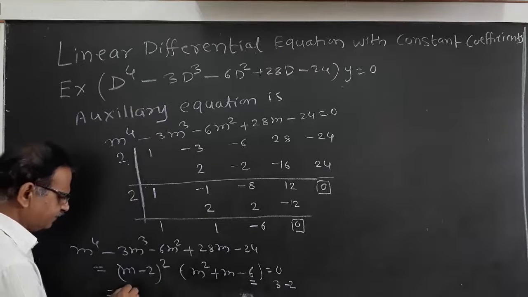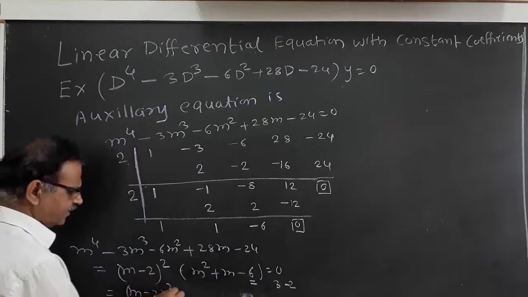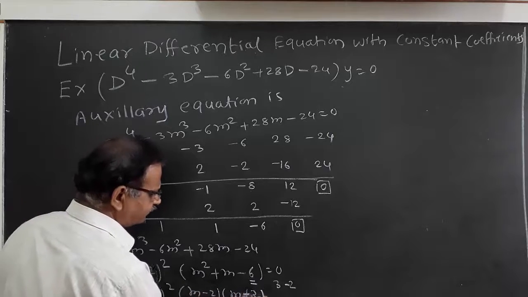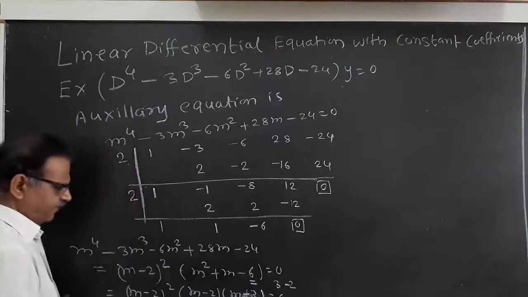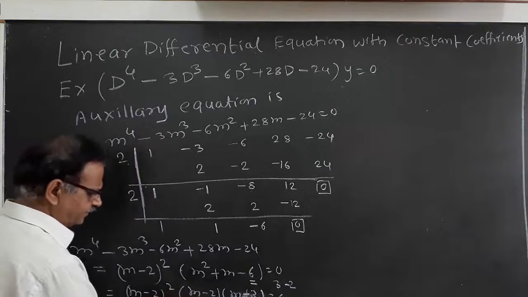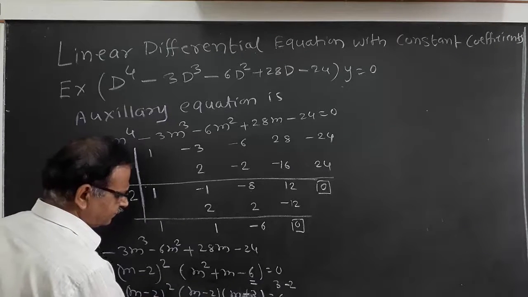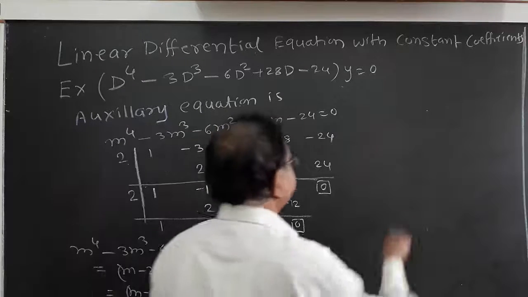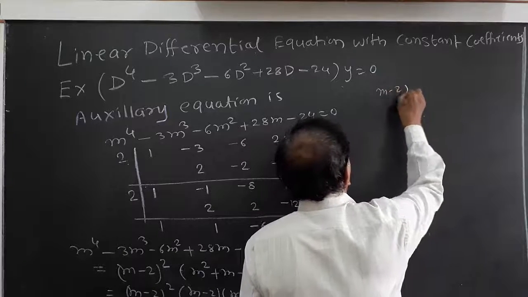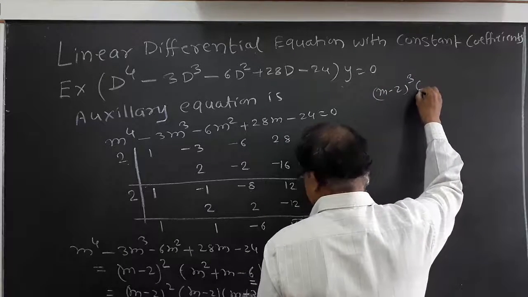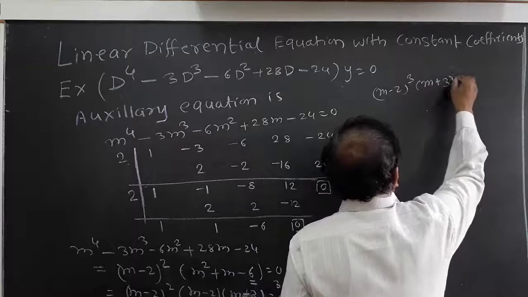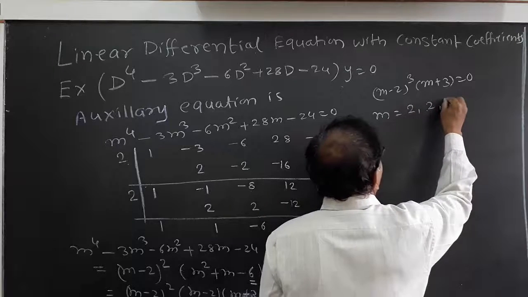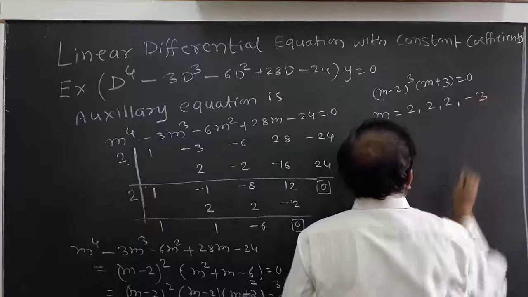Therefore this can be written as m minus 2 square into m minus 2 into m plus 3. Thus m minus 2 bracket cube into m plus 3 equal to 0. That is why m equal to 2, 2, 2 and minus 3.